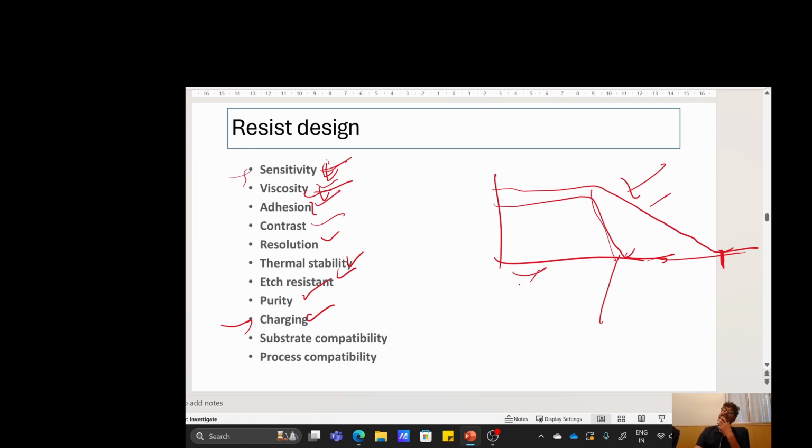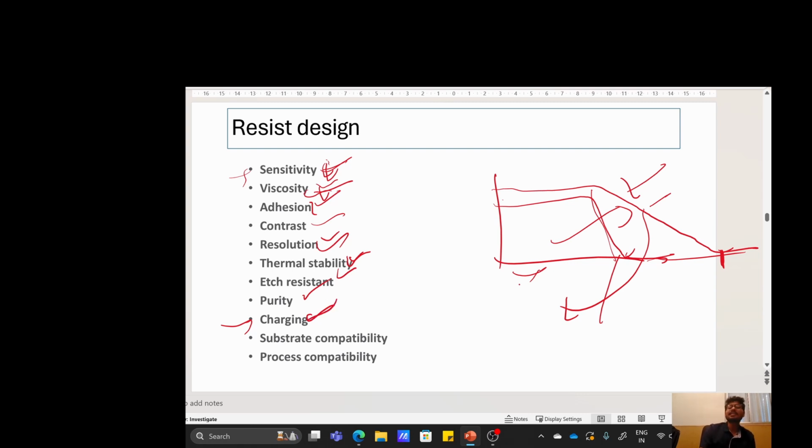The dose required is more, and this same thing will get replicated on the substrate, so you will get a different kind of profile. Then resolution and thermal stability are also critical parameters required for the resist.